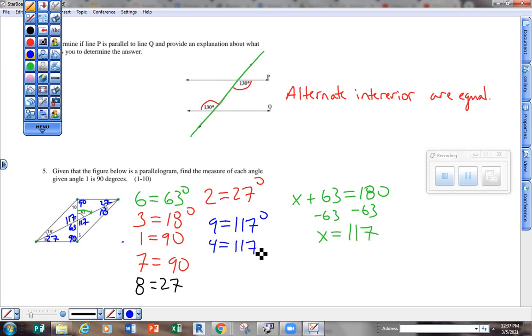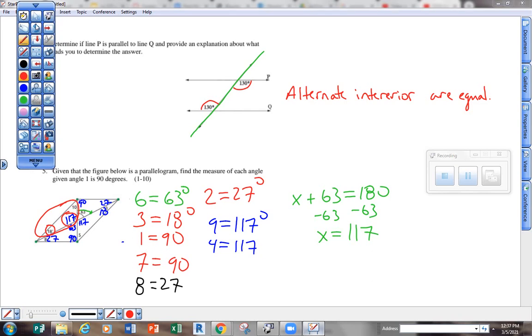And then to find angle 10 and 5, looking at the last piece, again back to a whole triangle piece, this 18 plus this 117 plus some unknown angle 10 will give me that added up to 180, supplementary. So here I go, that 18 plus that 117 I know, plus the unknown angle 10 I'm trying to find, that equals 180.